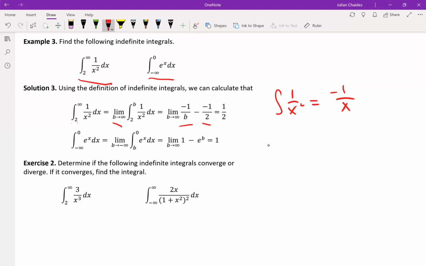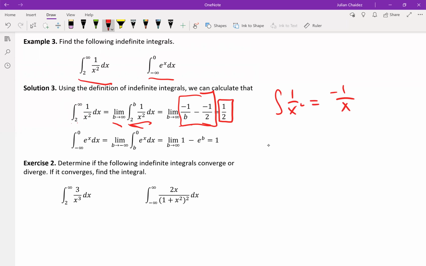This is just evaluating the inner integral. And now I just take the limit of this as b goes to infinity. The negative 1 over 2 part doesn't depend on b, so that stays the same. But the negative 1 over b part goes to 0 because as b goes to infinity, that part just vanishes. So the resulting integral is 1/2.